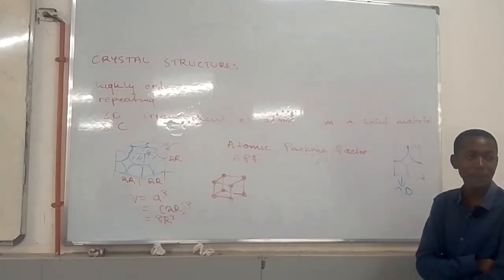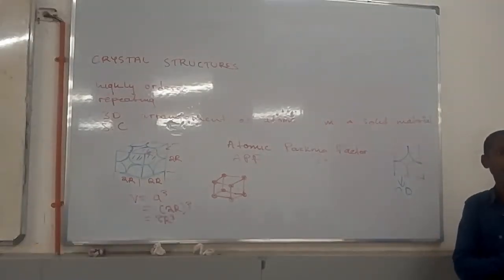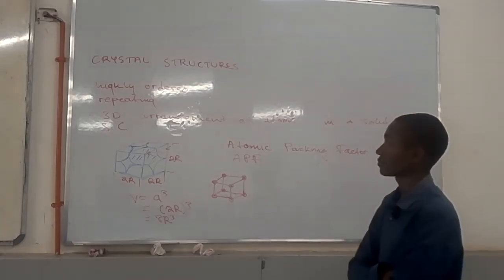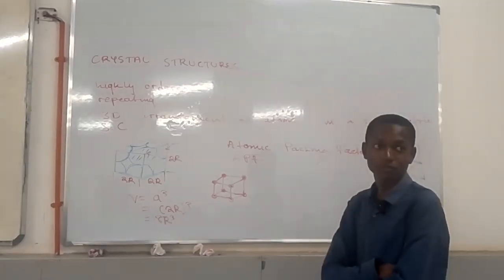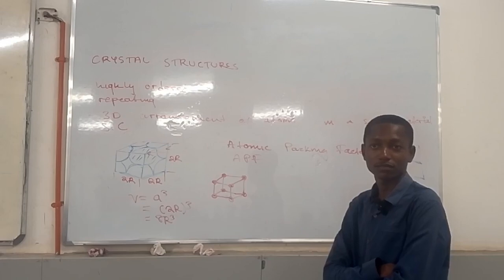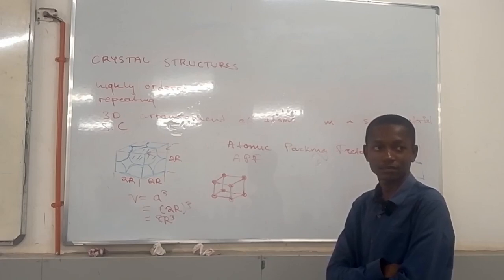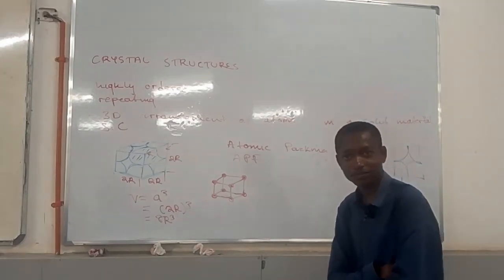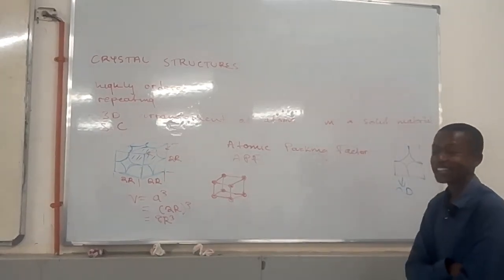It's being shared by other unit cells. So if you look at that first diagram, it's not a complete atom, meaning it's just 1/8 of the full atom. So that maybe gives us one atom. That makes sense?